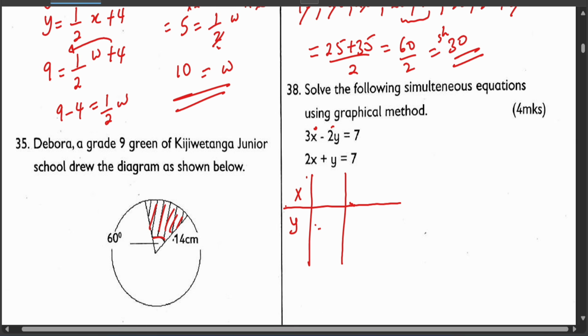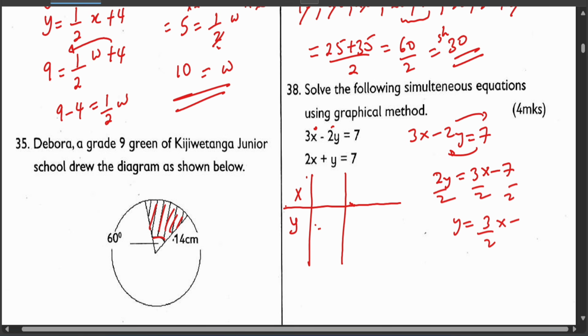Let's rearrange this. 3x minus 2y equals 7. Move it across, so 2y equals 3x minus 7. Then divide by 2, so y equals 3 over 2 x minus 7 over 2.